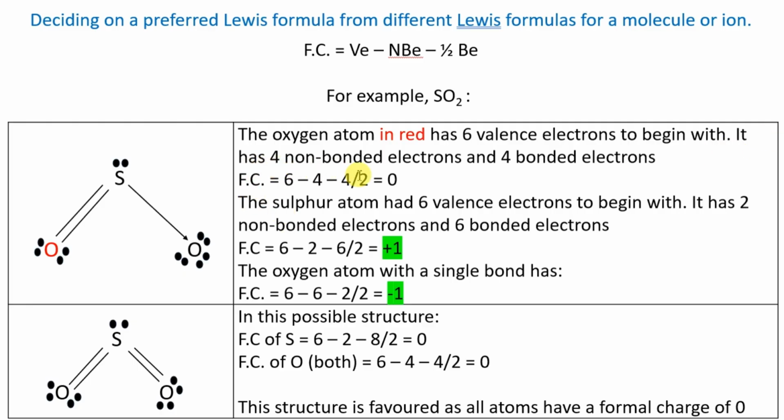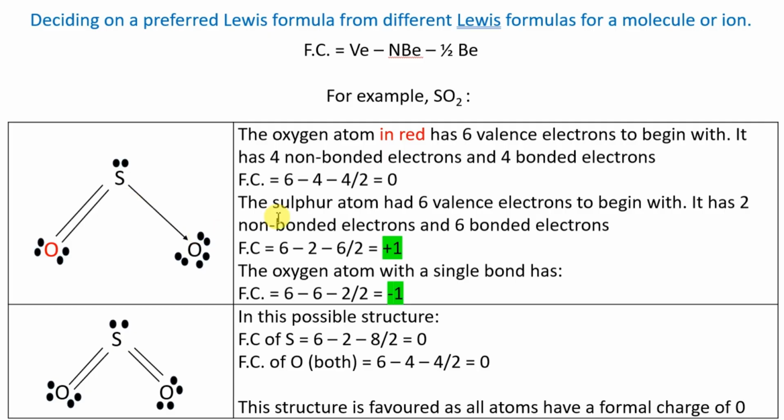It has 4 non-bonded electrons, as we see, and 4 bonded electrons in the double bond. Formal charge equals number of valence electrons, 6, minus 4 non-bonded electrons, minus 2 for its share of the 4 bonding electrons, giving a formal charge of 0.